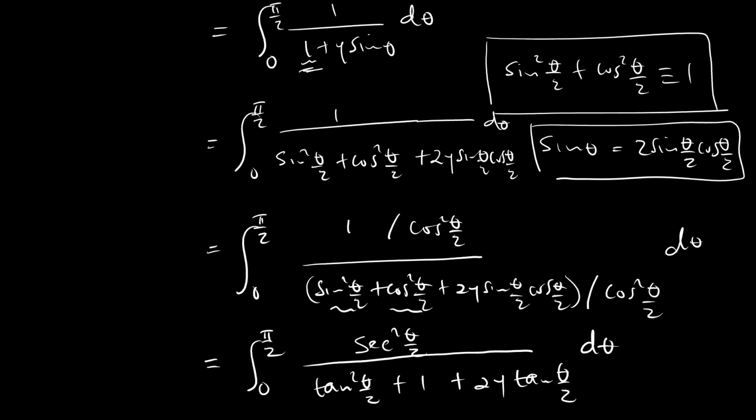After that, it's easy to see that sec squared theta over 2 is something akin to the derivative of tangent theta over 2.